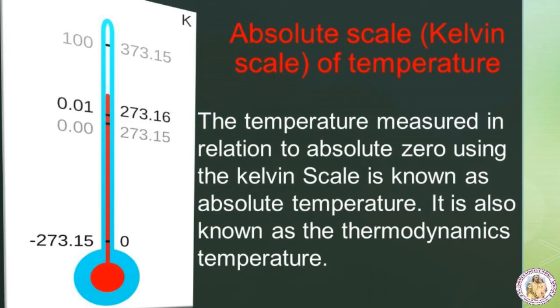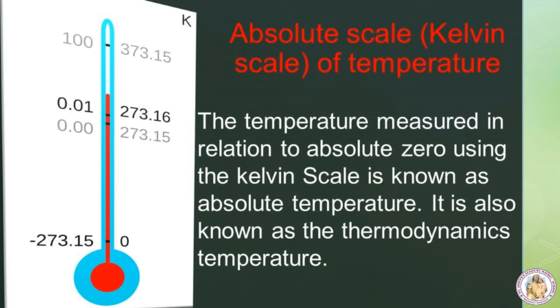The temperature measured in relation to absolute zero using the Kelvin scale is known as absolute temperature. It is also known as the thermodynamic temperature. What is thermodynamics? Thermodynamics is the branch of physics that studies the thermal energy of a system.